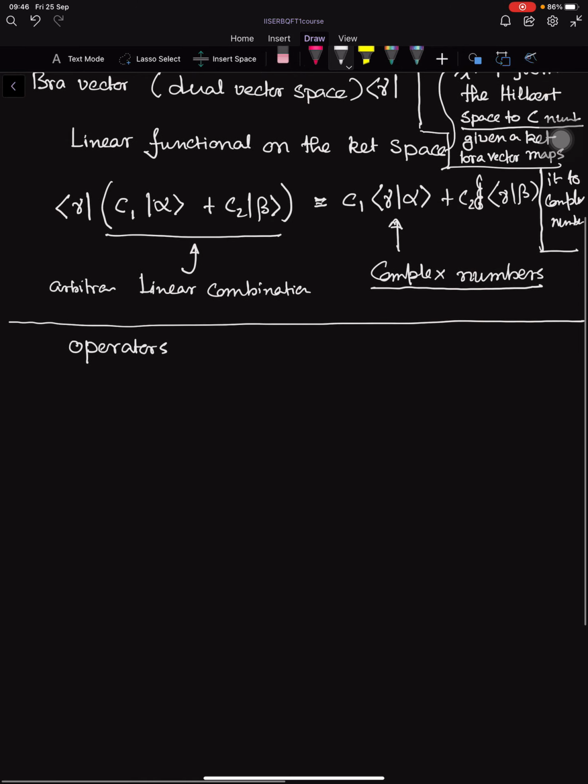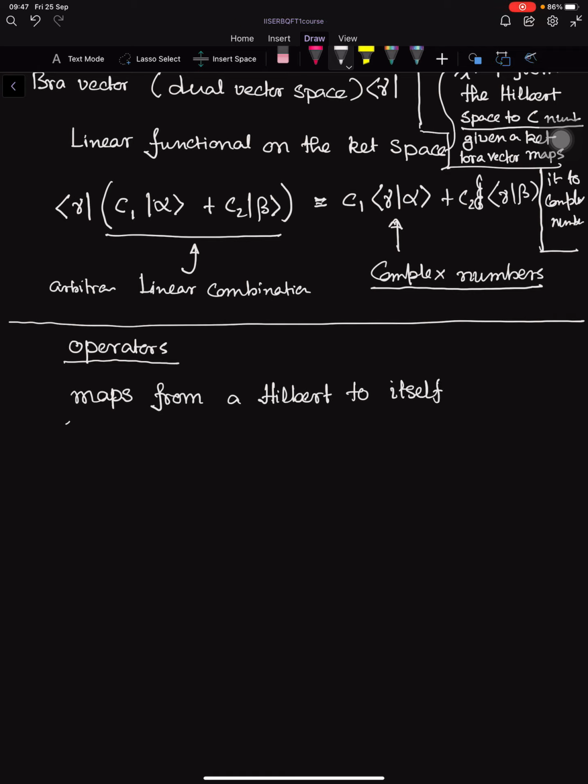Now what are operators? Operators are maps from a Hilbert space to itself.